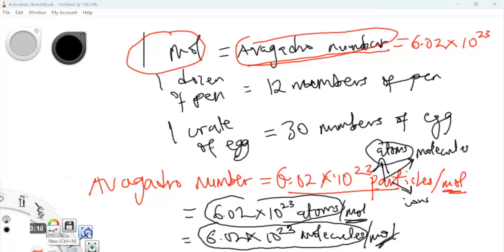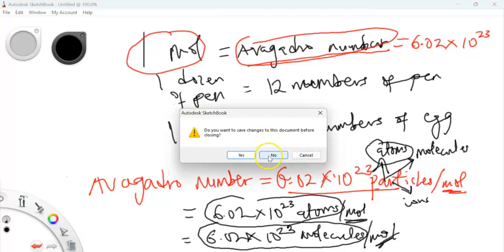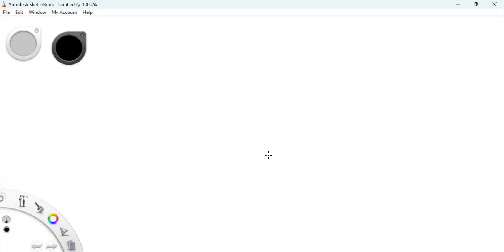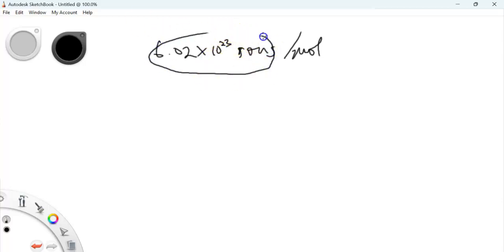Then the same thing goes for ions: if you want to be specific with respect to ions, these are the number of ions contained in 1 mole of a substance.